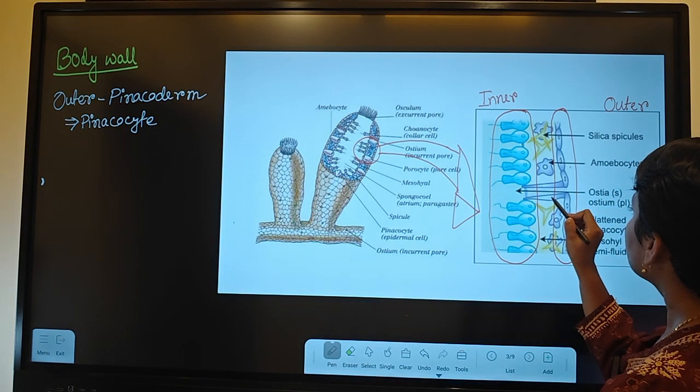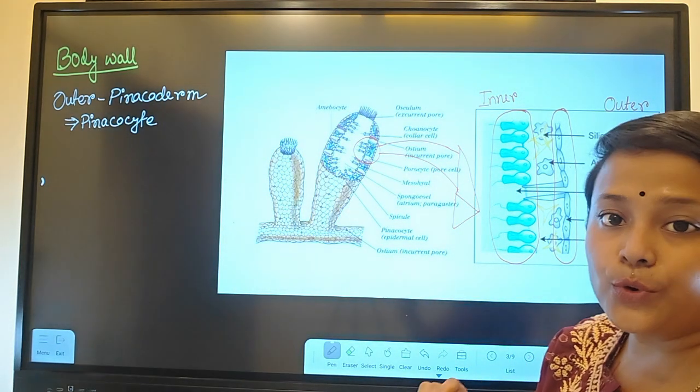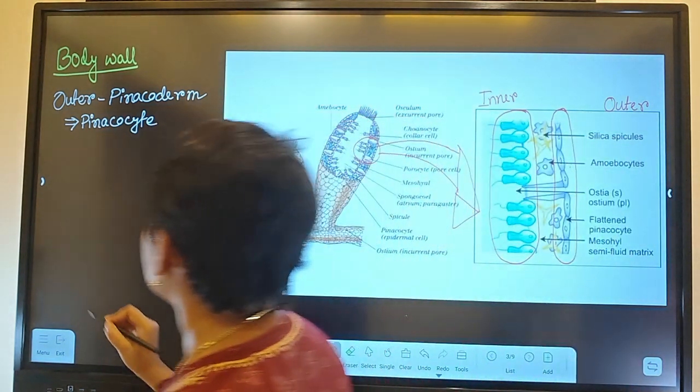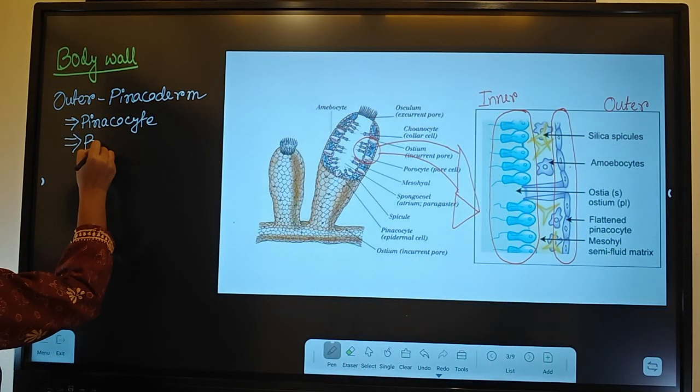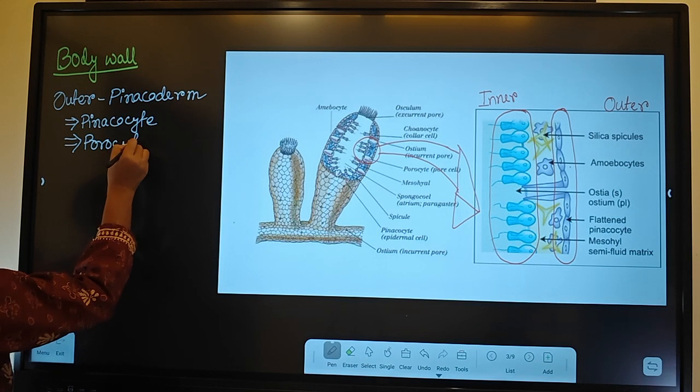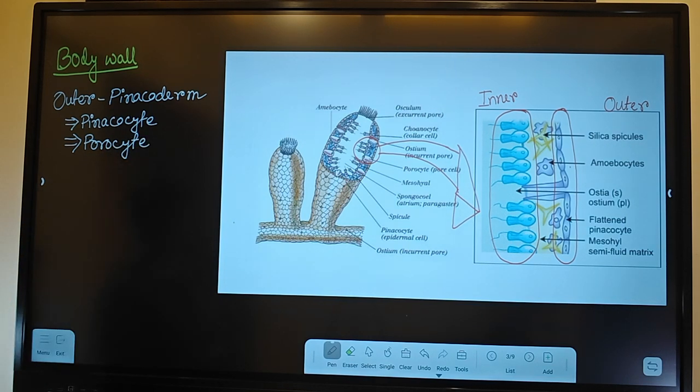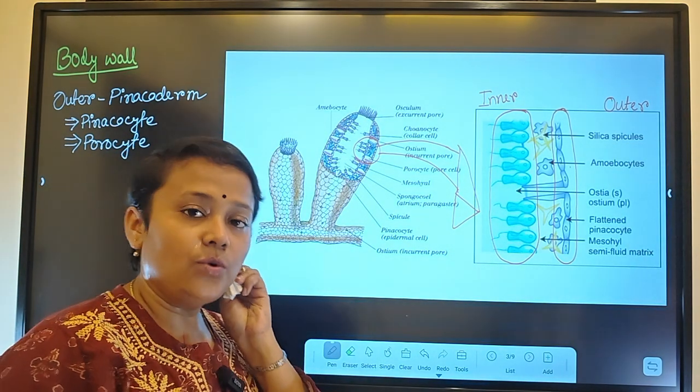These cells are called porocytes or pore cells. So pinacocytes and porocytes will make the outer layer, which is called pinacoderm.